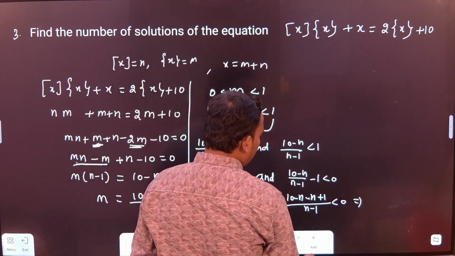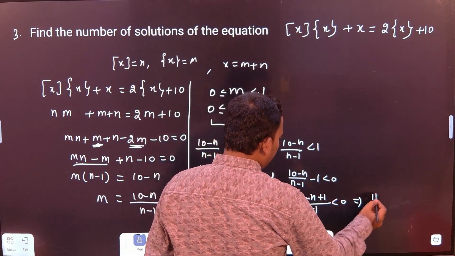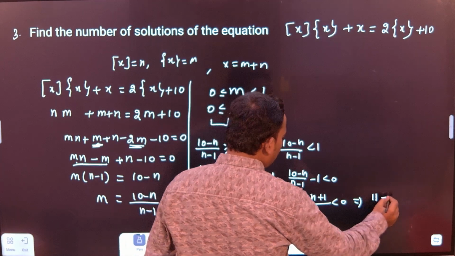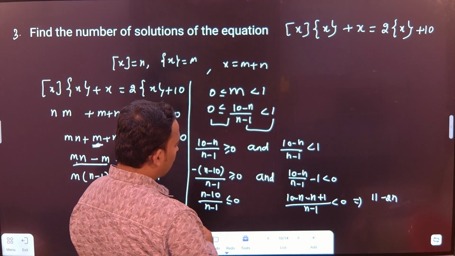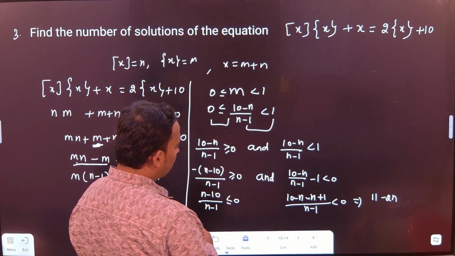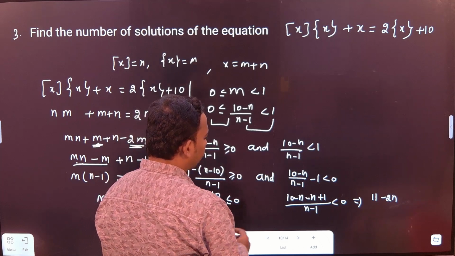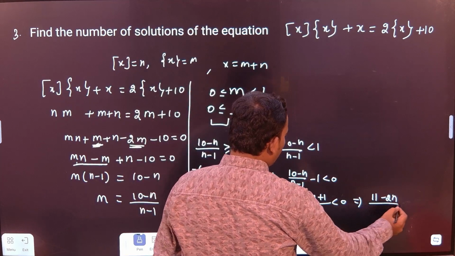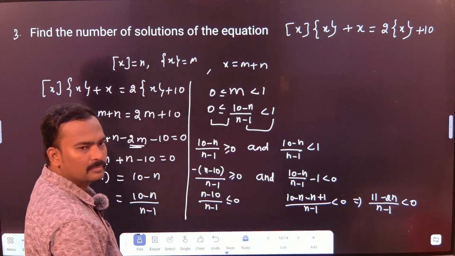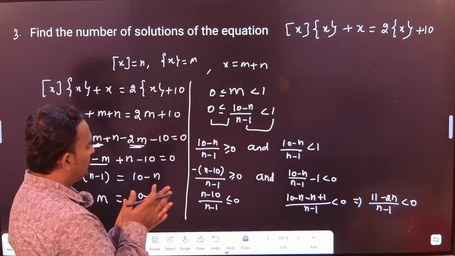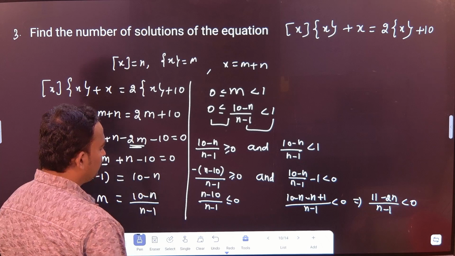So 10 plus 1 is 11. So minus 2n, right? Minus n minus n, and minus of minus 1 is plus 1, correct. 11 minus 2n, right? Divided by n minus 1 is less than 0. Clear? Okay. So 11 minus 2n, yes, correct.